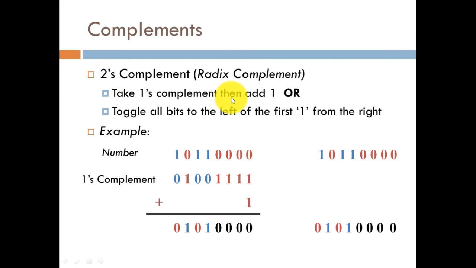The first option is to take the 1's complement and then add a single digit 1 in order to calculate the r's complement of the given binary number. As a shortcut, you can toggle all the bits to the left of the first one from the right.